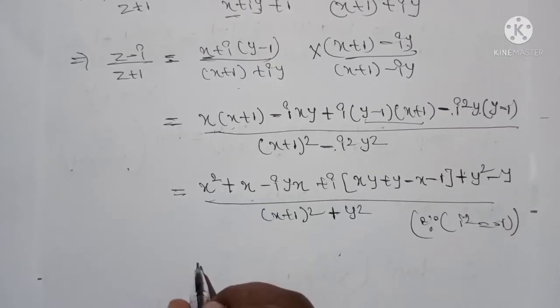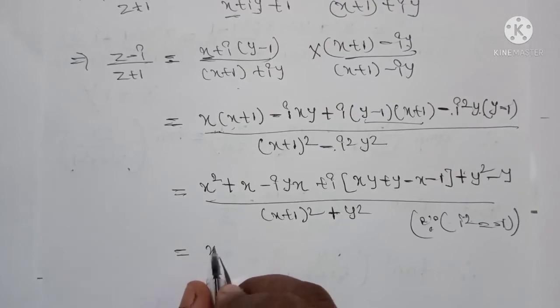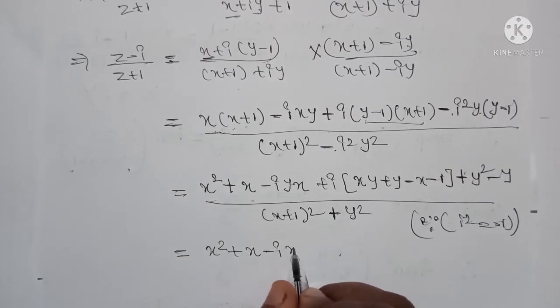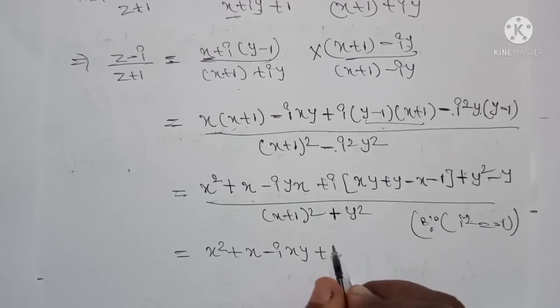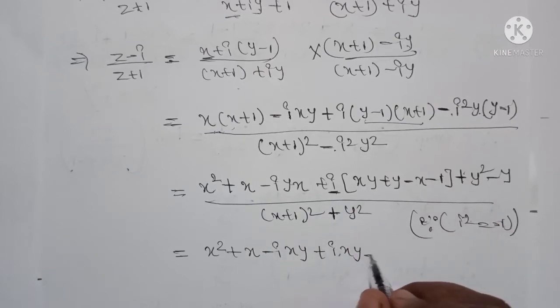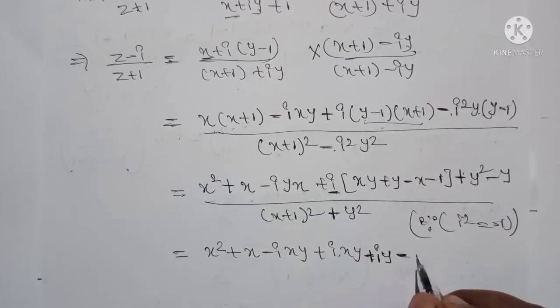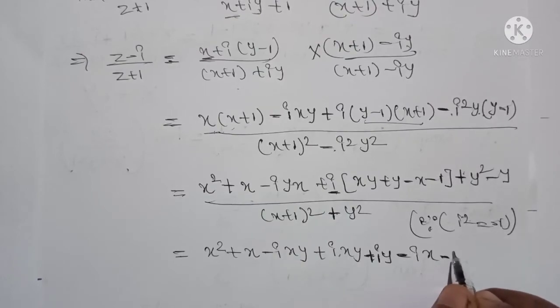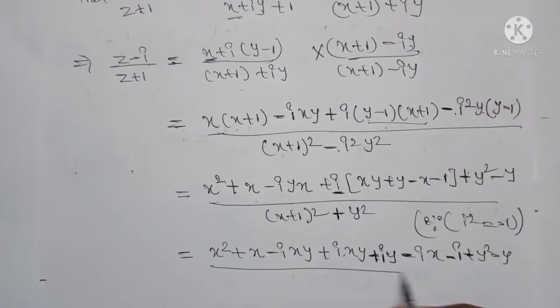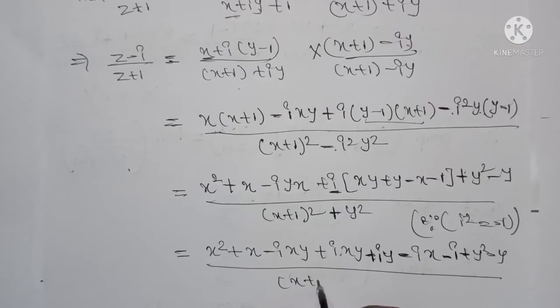Now further simplifying: x squared plus x minus ixy plus ixy, plus iy minus ix minus i, plus y squared minus y, divided by the denominator as it is.